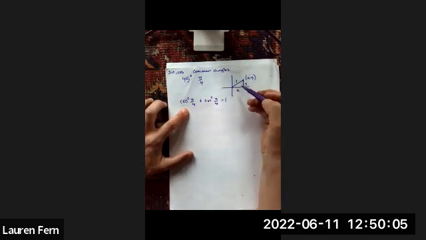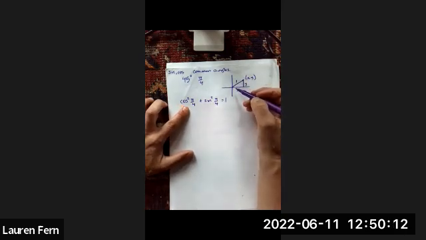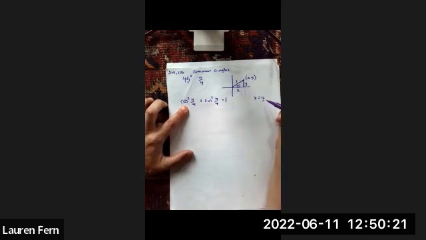Now, I'm deriving something. This is nothing you're going to have to do on your own. But notice, since this is a 45-degree angle, x has to be equal to y, simply because the 45 degrees divides my first quadrant in half.